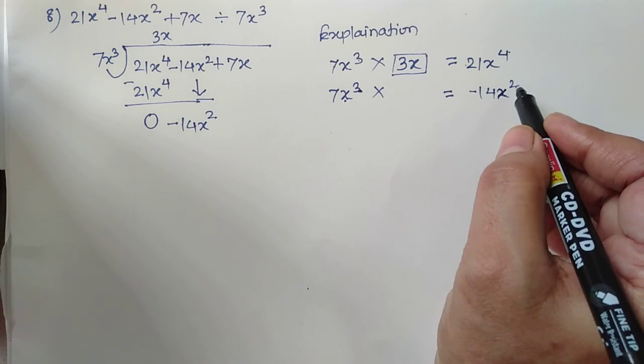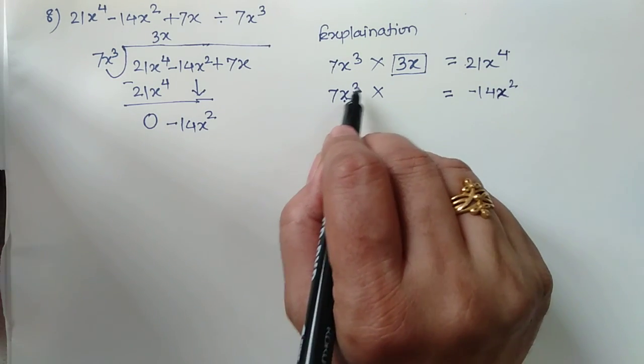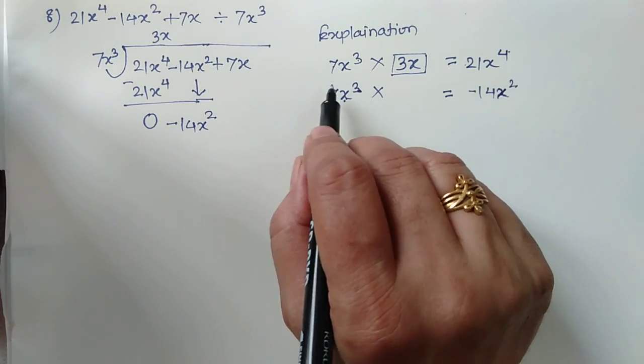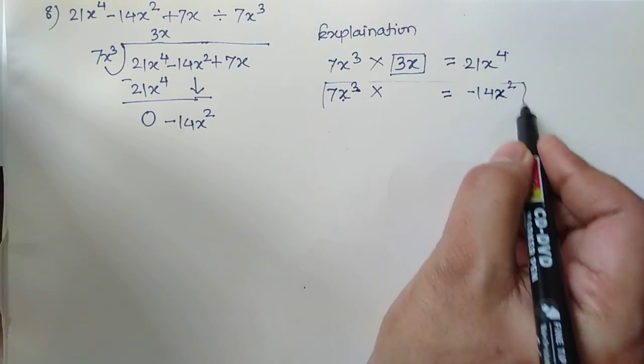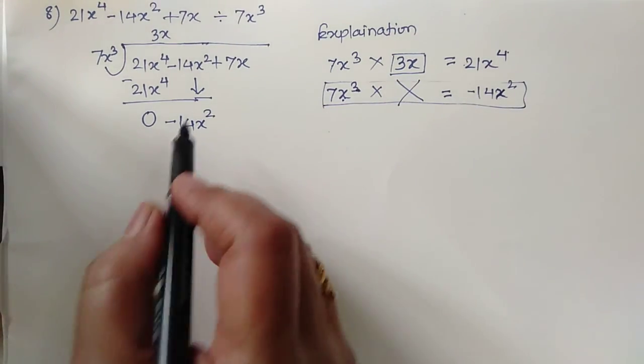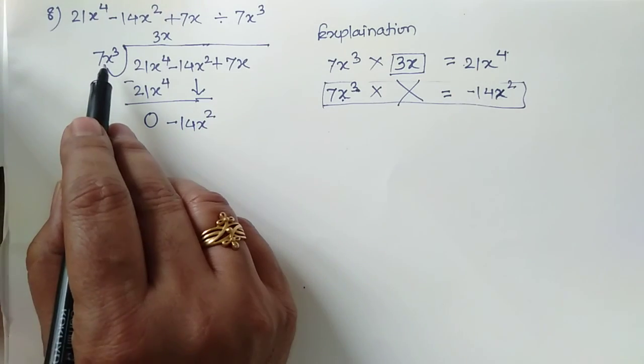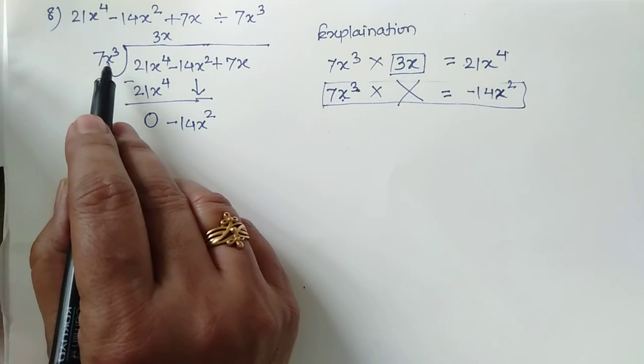Means the index of dividend is less than the index of divisor. So in this situation we can't divide. If the index of dividend is less than the index of divisor, then we can't take the division.